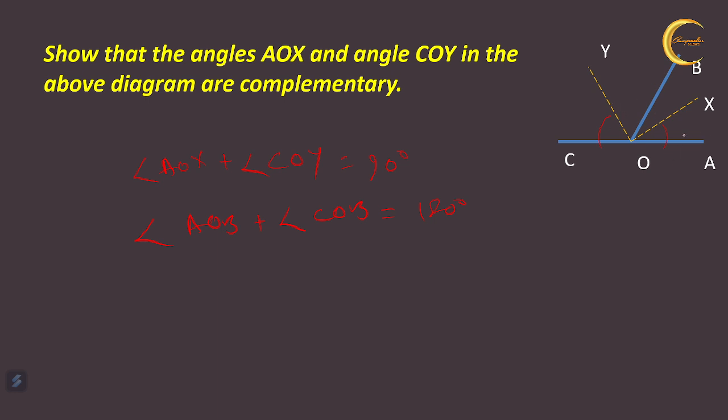And YO is the bisector of this angle, and XO is the bisector of the angle AOB. So 2 into angle AOX plus 2 into angle COY equals 180 degrees, or angle AOX plus angle COY equals 180 degrees by 2 equals 90 degrees. Just a reverse process, we have proved this problem.